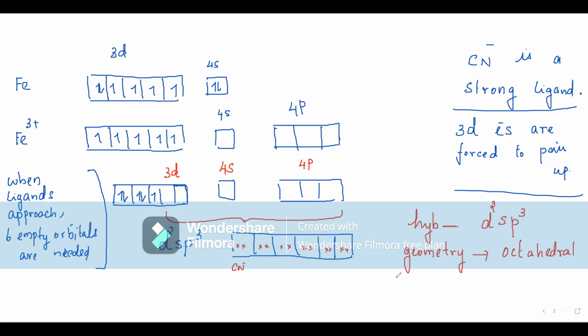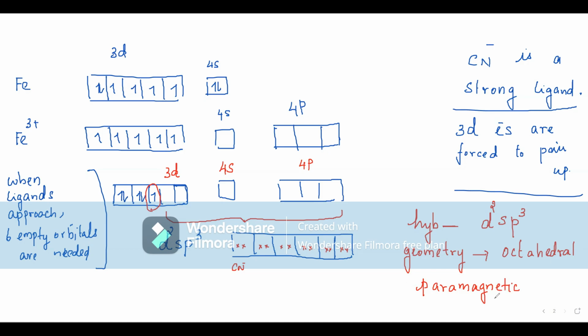Another point is the magnetic character. You're seeing one electron here that is unpaired. If you see at least one unpaired electron, then such a complex is paramagnetic in nature.